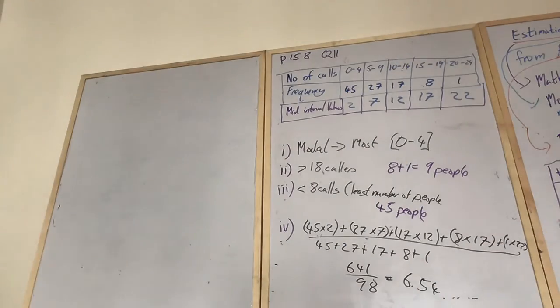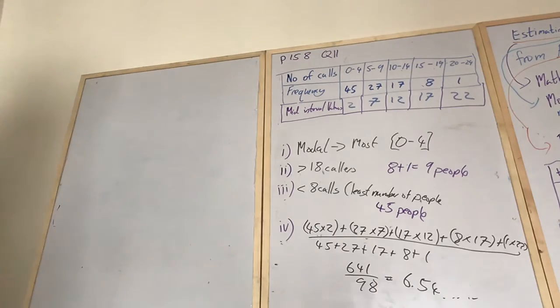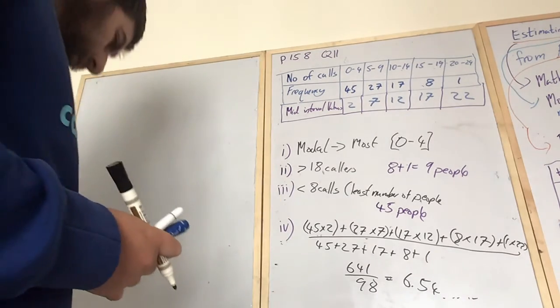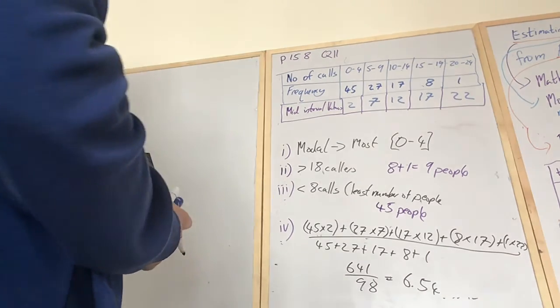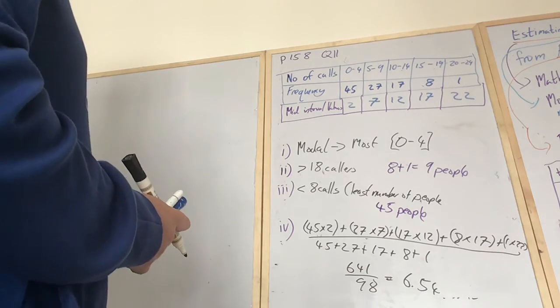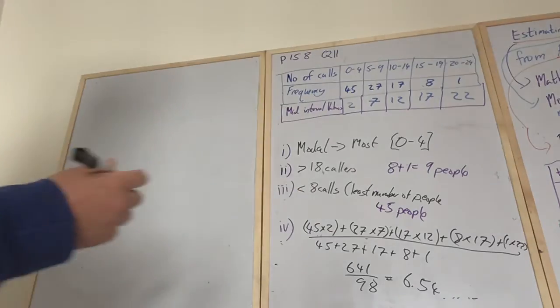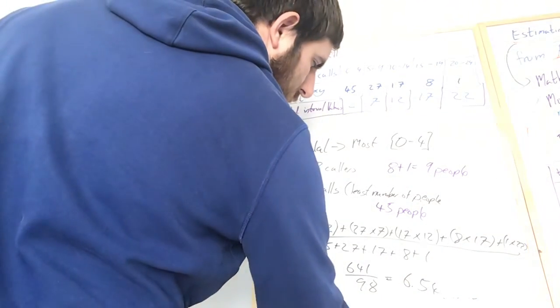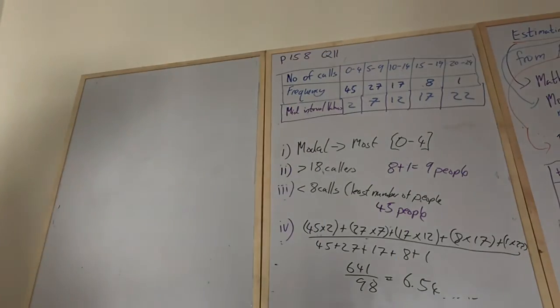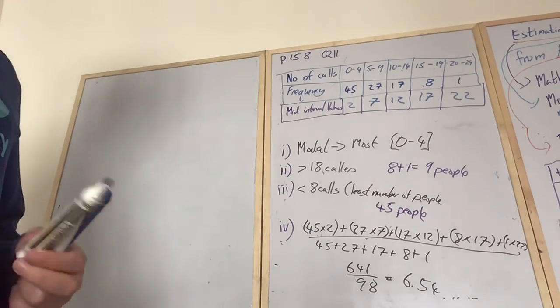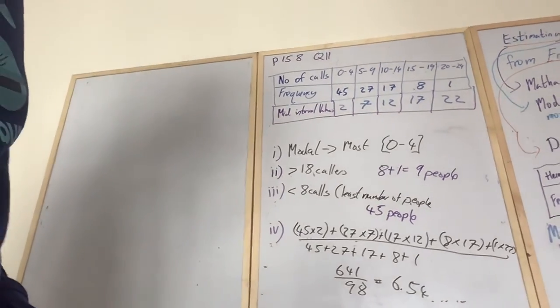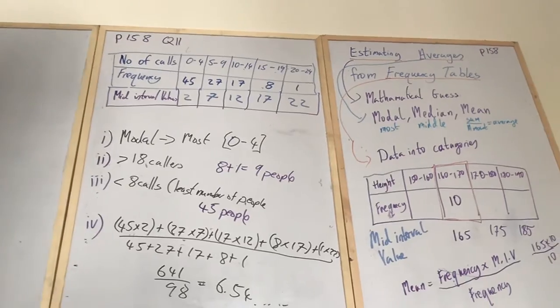As with all questions, we go back to the question on page 158. The question had a rounding, so it says give your answer correct to the nearest whole number. You look at the nearest whole number there, you round it up, so your answer is 7. That is estimating averages from frequency tables.